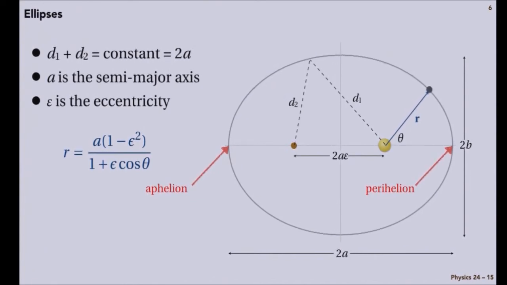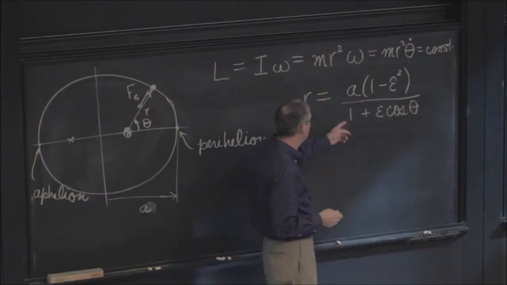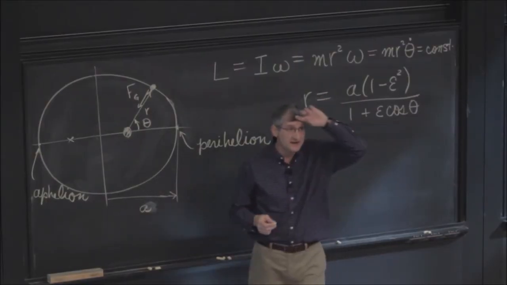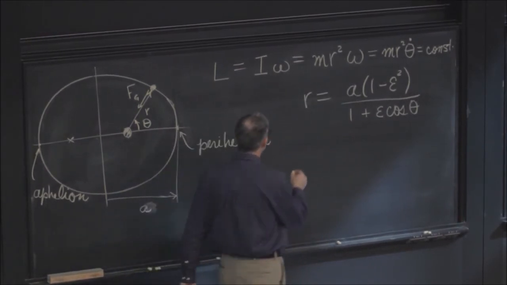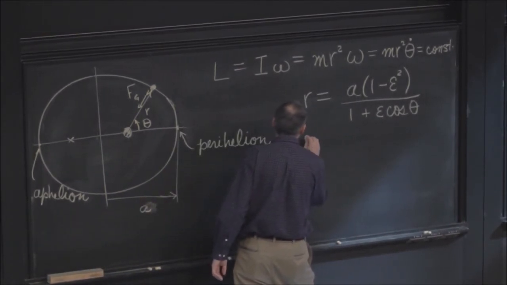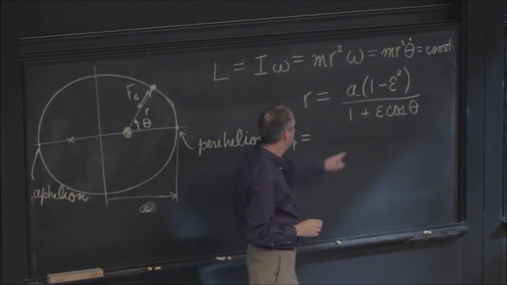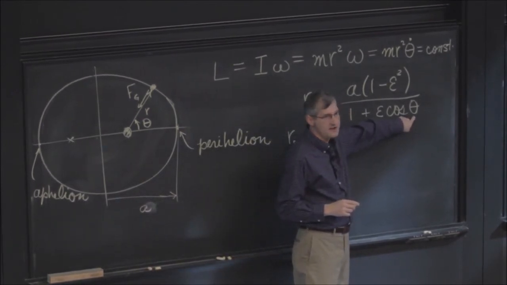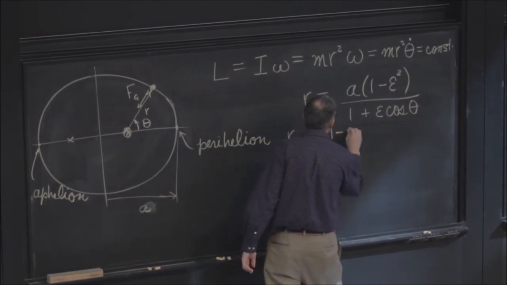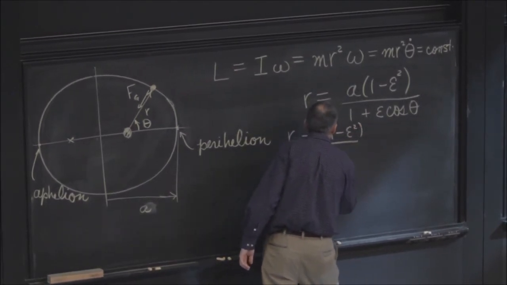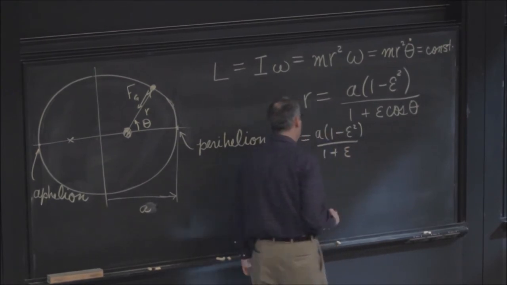Perihelion's closest. The top is just a constant, so I have to have the biggest denominator in order to get the smallest value of r. So r for perihelion should be when cos θ is 1. So that means a times (1 − ε²) over (1 + ε).